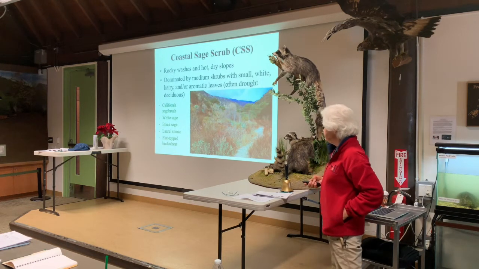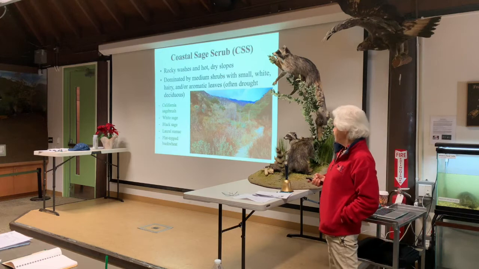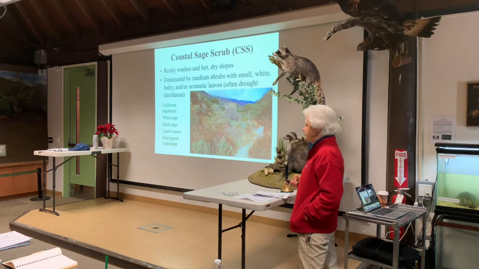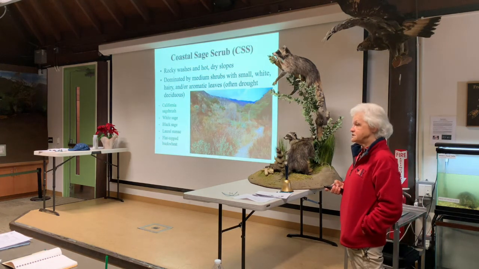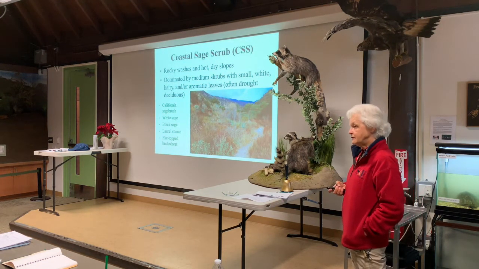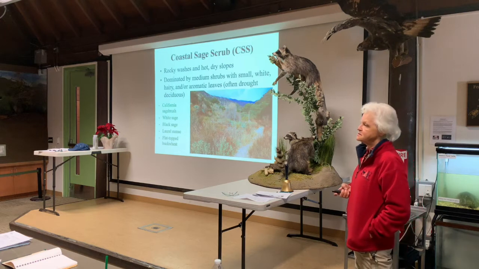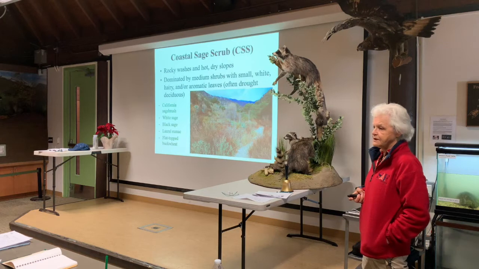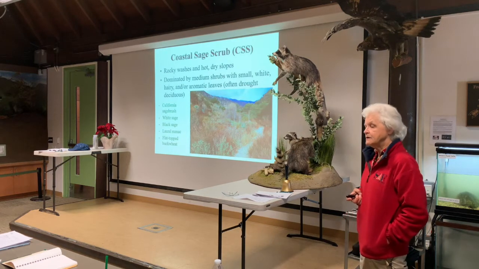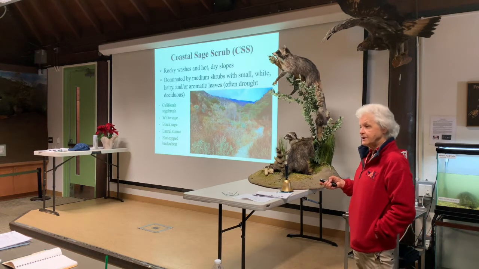And a lot of times these plants are drought deciduous, which means the way to cope with the drought is just to shut down. They lose their leaves, and you see some plants that you might think are dead or dying, but they're just sleeping.